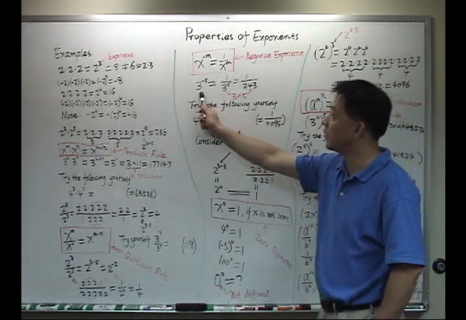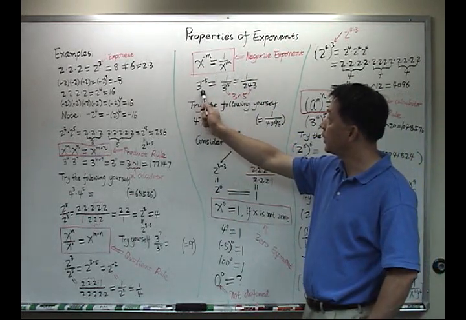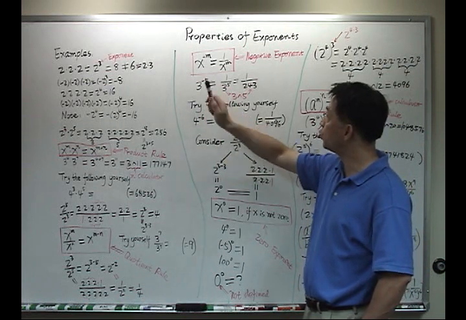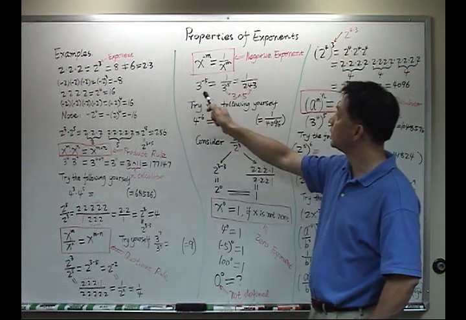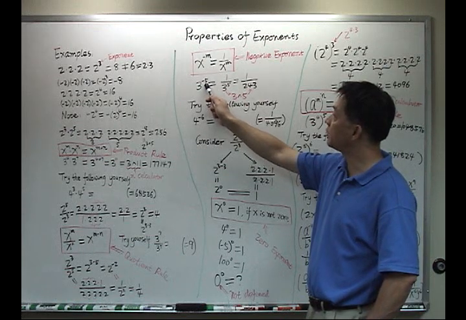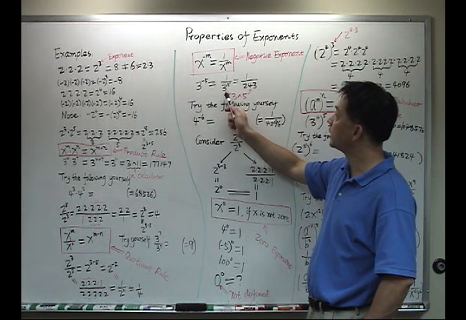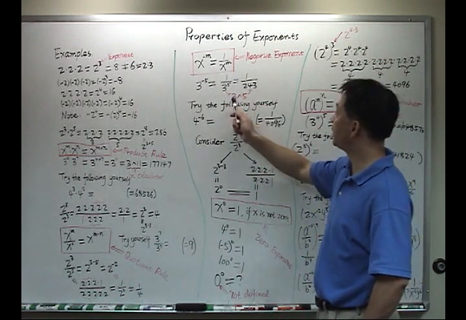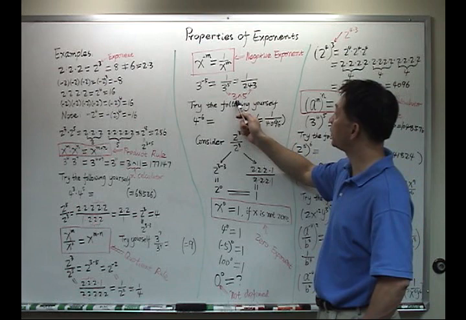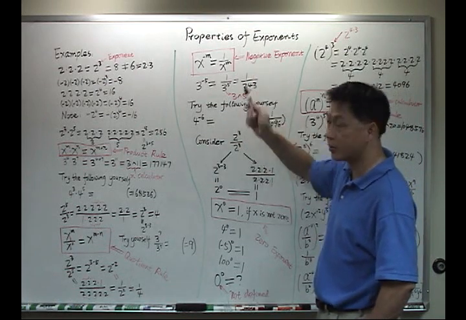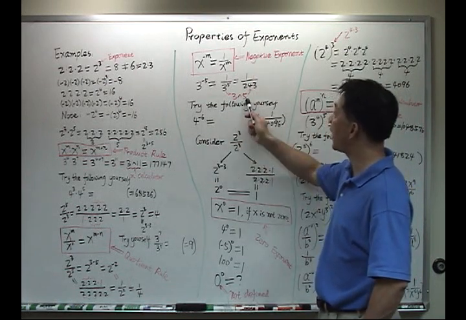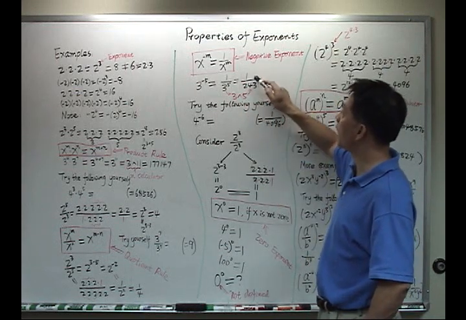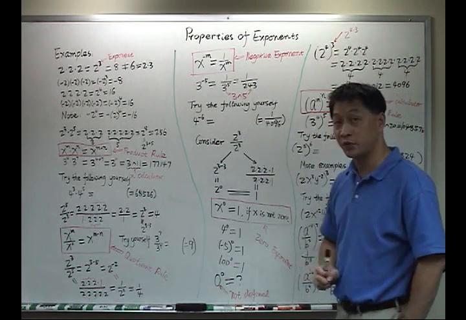So this is another example. 3 to the negative 5th equals, based on this rule, 1 upstairs, and write negative 5 as positive 5, 3 to the 5th. Okay? 3 to the 5th, by using your calculator, 3 arrow pointing up to the 5 is going to be 243. So the final answer is 1 over 243.